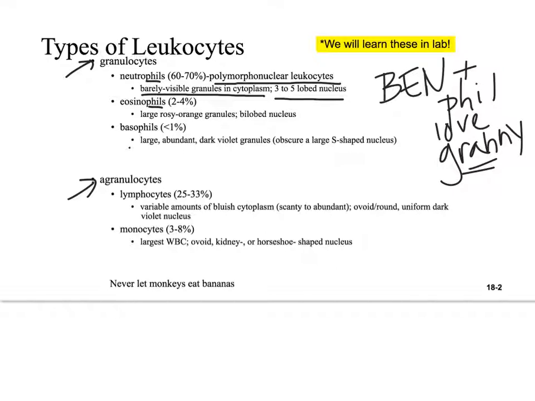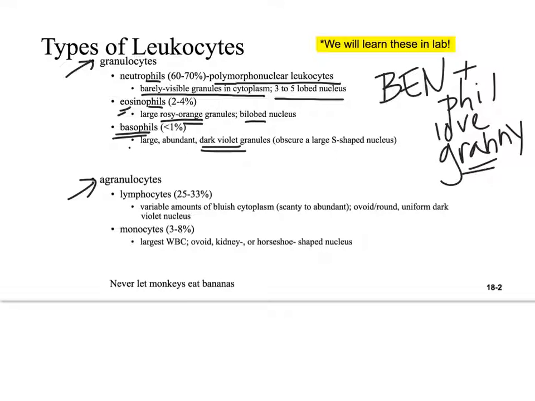Eosinophils look orange in the background, so I remember eosinophil has an O for orange. Their nucleus is bilobed, so it has 2 lobes. And basophils, the granules are very dark violet, and it's hard to see the nucleus because there's so much. So basophils end up looking really dark.